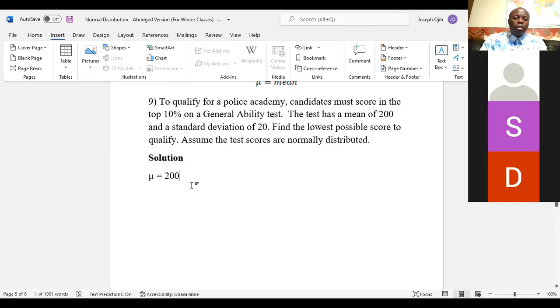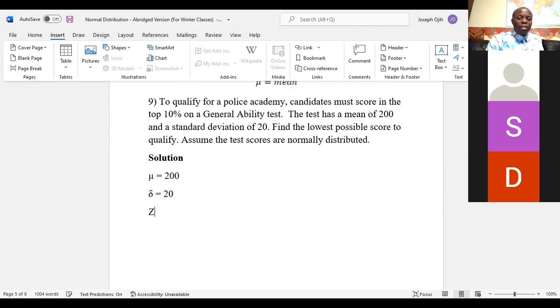And the standard deviation, which you can see here as well, is 20. Then the candidate must score in the top 10%. So the given probability is the top 10%. So we're looking for x.